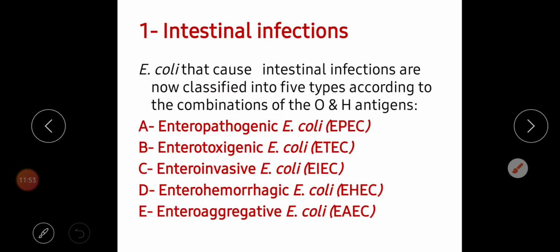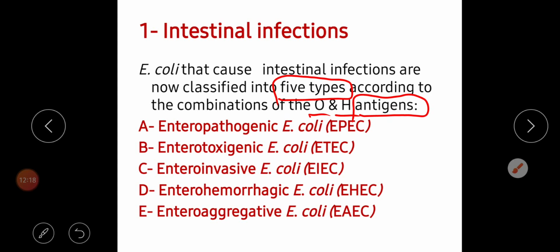Now, regarding intestinal infections, the E. coli that cause intestinal infections are classified into 5 types based on O and H antigens. As I said, in serotyping, there's a specific O and H antigen for each strain of E. coli.